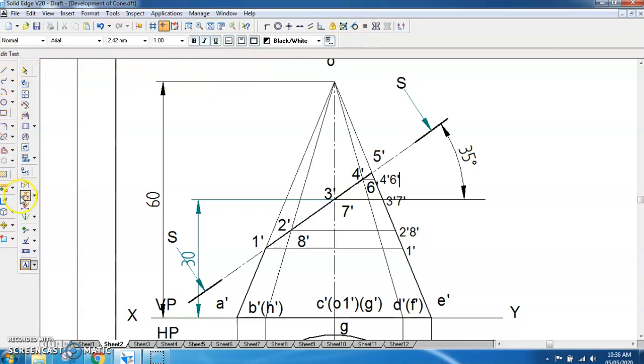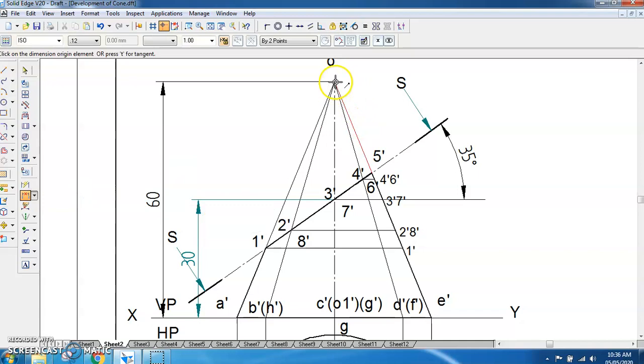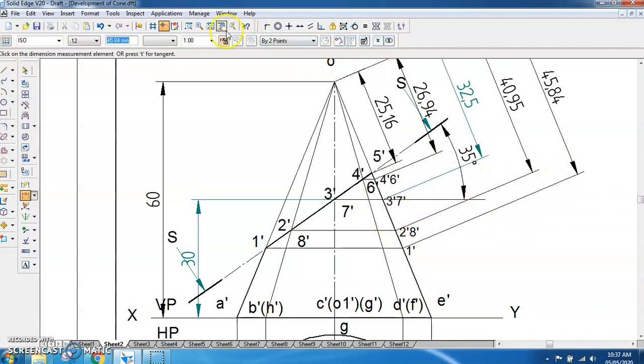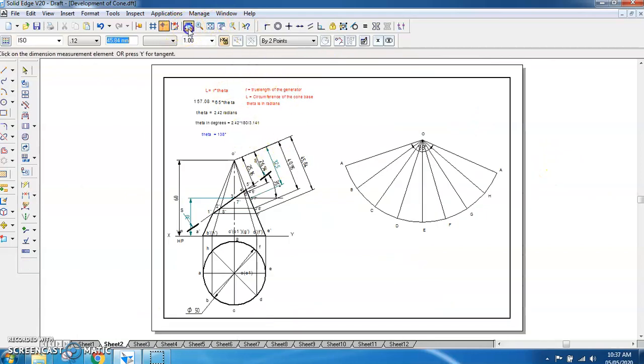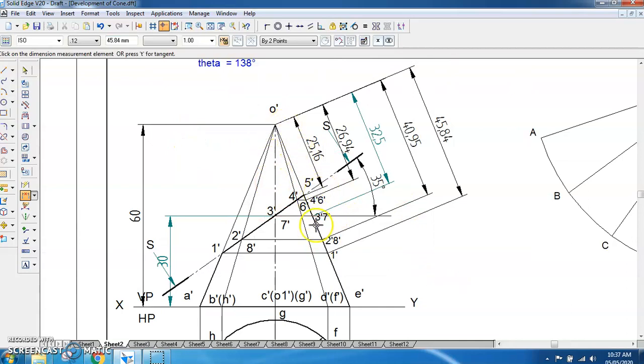Once taken on OE, you have to measure their distances. So you go for the distance between this point and this point, then at this point you are getting this much, and so on. These are the distances of these points from O. The distance of point 5 is 25.16, the distance of 4 and 6 is 26.94, and so on.